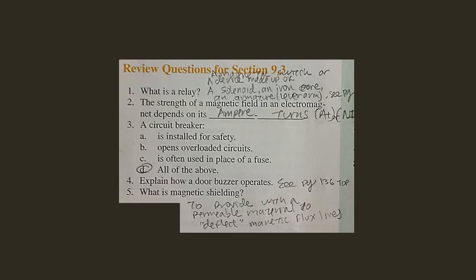Question 4. Explain how a door buzzer operates. In a door buzzer, when the coil is energized, the armature is attracted toward the coil. The contact points open and break the circuit. The attraction to the coil then falls to zero. The armature spring pulls the contact points closed.